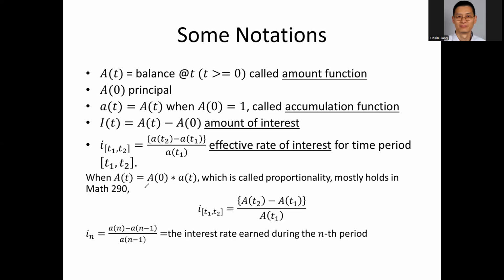When capital A(t) equals A(0), which is the principal, times little a(t), which is called proportionality, which mostly holds in Math 290, then the effective interest rate can also be expressed by capital A(t2) minus capital A(t1), divided by A(t1). If we simply put this expression into this equation, you get A(0) times little a(t2) minus A(0) times little a(t1), and then divide by capital A(0) times little a(t1).